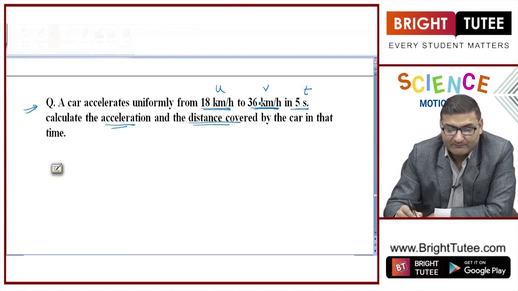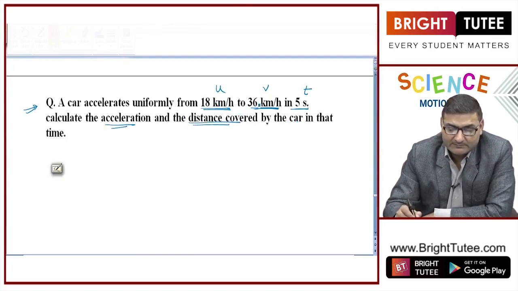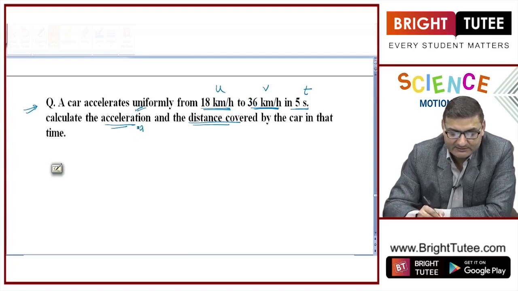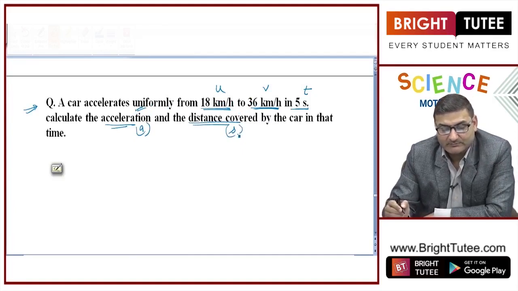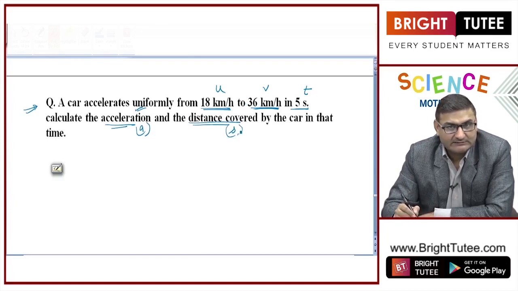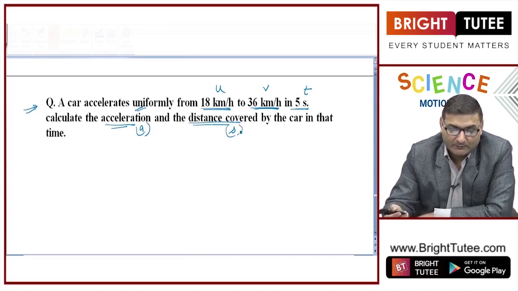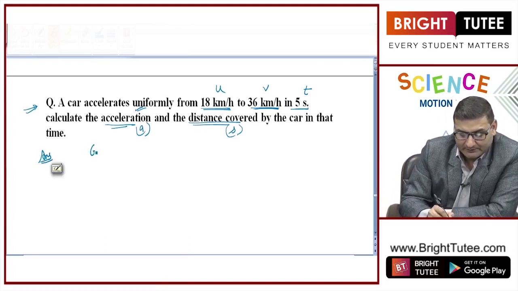This same type of question we have done earlier also, but over there we were just supposed to find out the acceleration, that is small a, but in this question distance is also being asked. So first of all we will be calculating acceleration. By knowing the value of acceleration, simply we can calculate the value of s or distance travelled, all through equations of motion. Let us see how we are going to do it.